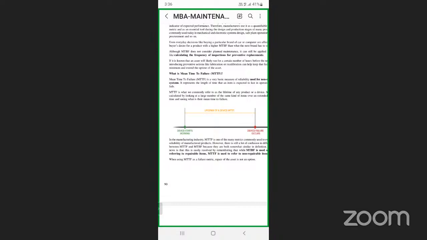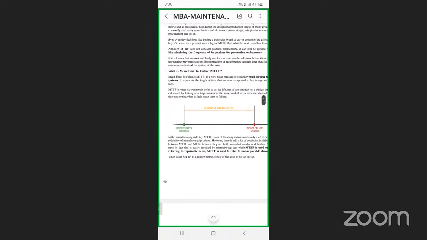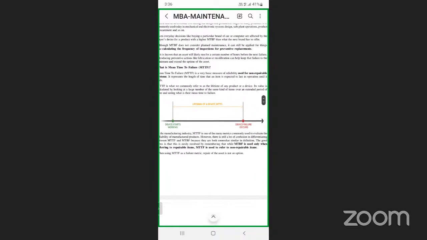It represents the length of time that an item is expected to last in operation until it fails. It basically talks about the economic life of the device, the lifespan of the device. So these three are very important metrics.